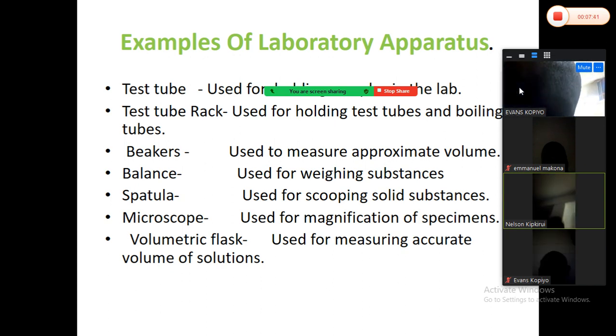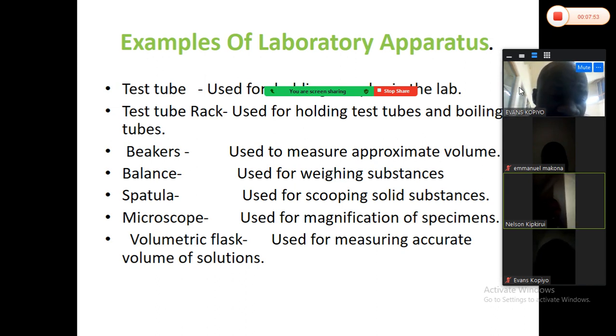Come up again. Who has heard the question of Gerald so that we can help him? The question says: why are some of the apparatus made of glass or plastic? Thank you, Nelson. I can now hear you.